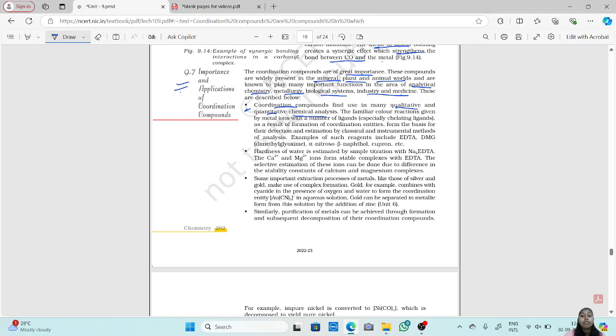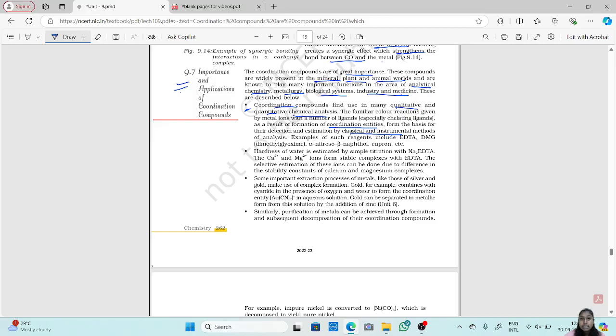Since they form familiar color reactions, their detection and estimation is very simple.